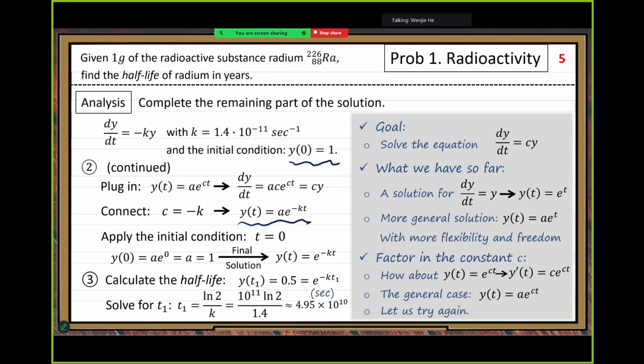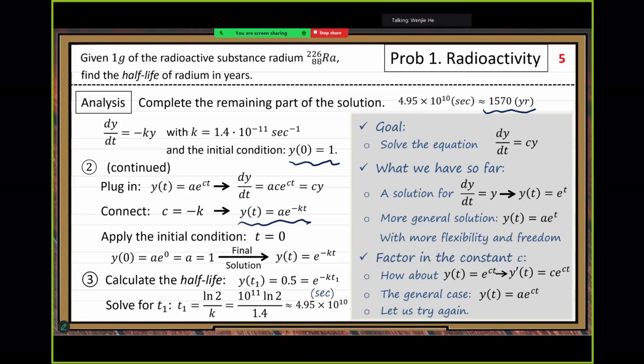But we want to convert to years, right? Because this number is too large. So we want to convert it to a number of years. So the last step, you convert it to a number of years, approximately 1,570 years.